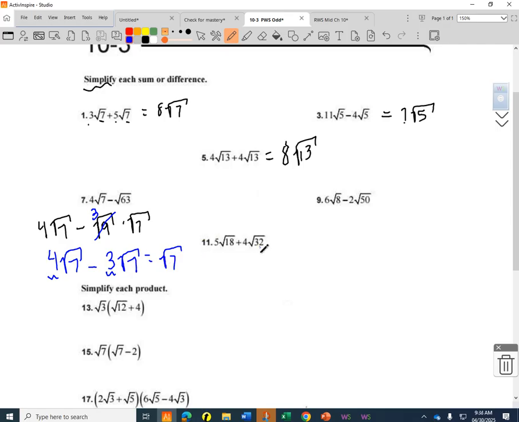All right. Let's go up to number 9. Can I simplify 6 square root of 8 and 2 square root of 50? All right, so 6 square root of 8. What's the perfect square factor that we can factor square root of 8 into, Kendall?